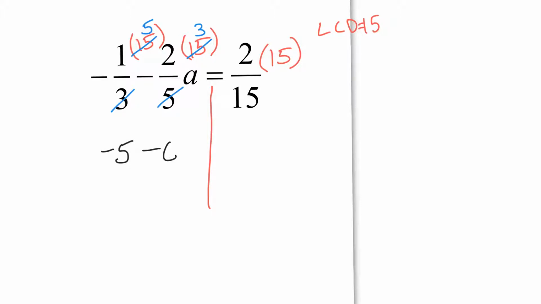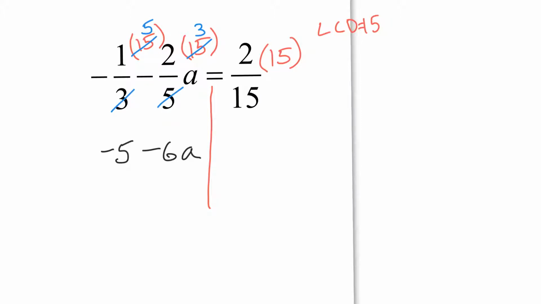And you keep the a. Now let me do that again so you guys don't get confused. The 5 goes into 15 3 times, so you cross simplify. Then you multiply negative 2 times 3 is negative 6, and you guys keep the variable.